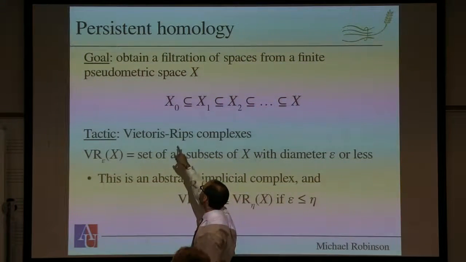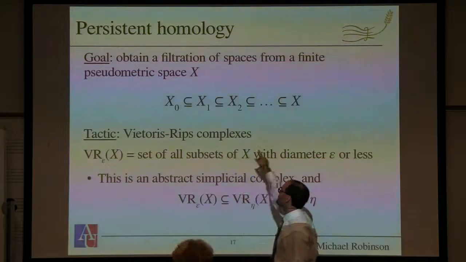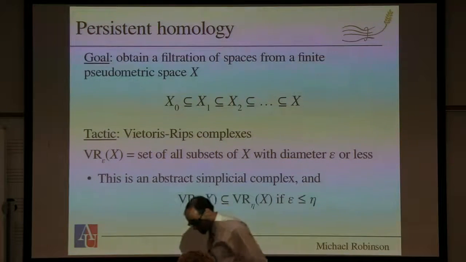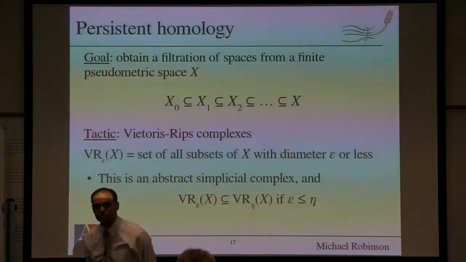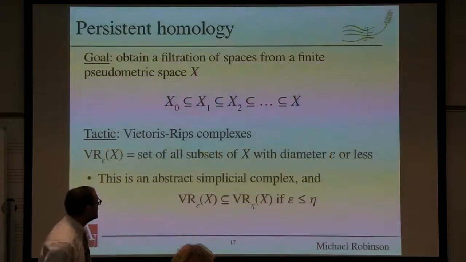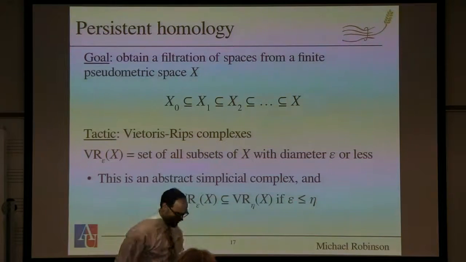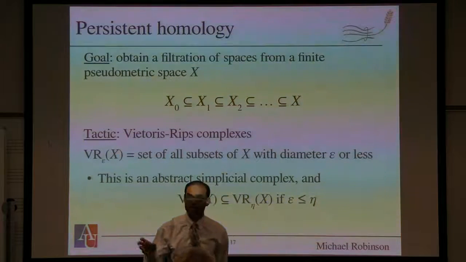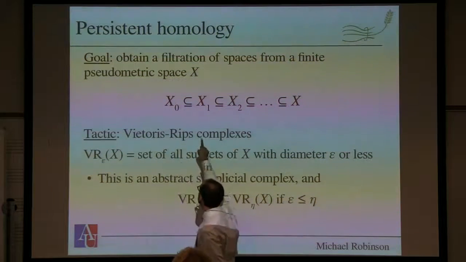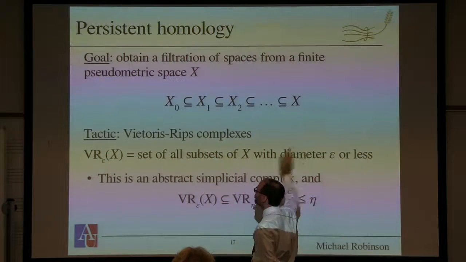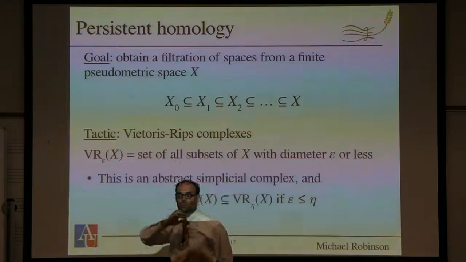So I have one space that's a subset of the next, subset of the next, subset of the next. And think of these things not just as being topological spaces. They certainly work as topological spaces. But if you think about them as being metric spaces, pseudometric spaces, so they have a distance on them. So I have a distance on the first one, a distance on the second one, a distance on the third, a distance on the fourth, and the distances are all compatible.